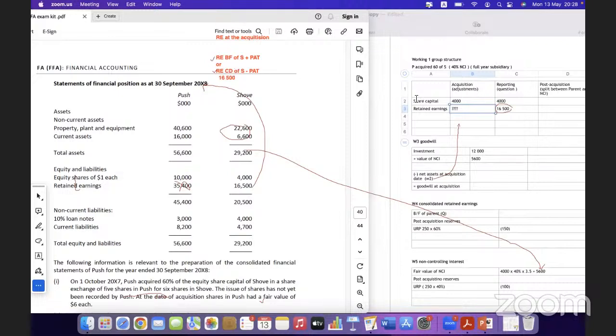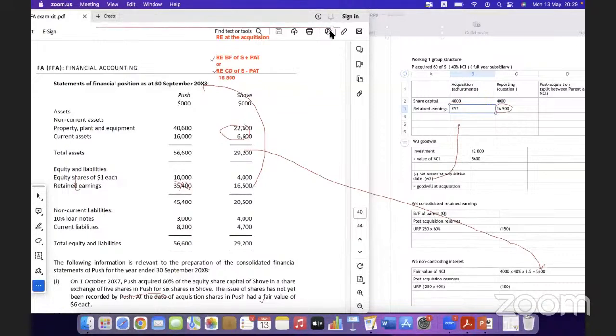From this, if I am to get the retained earning at the acquisition date, again, guys, listen, I understand that this is a little complicated. Normally, when they don't give the retained earning, it's a little tricky. So this is what happened in the question, right? Let me draw a timeline and show it to you. Okay, see.